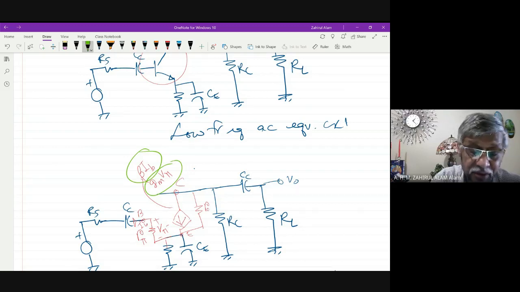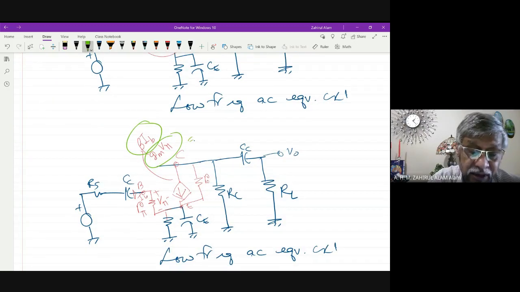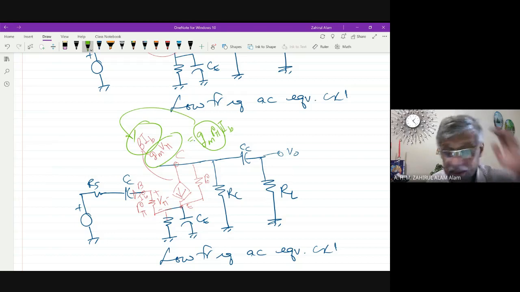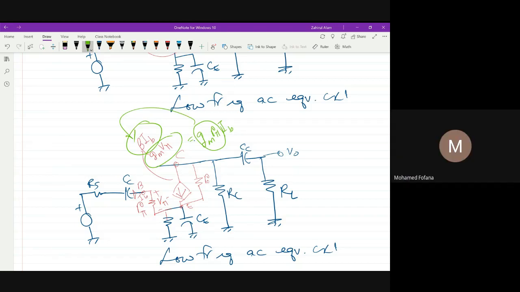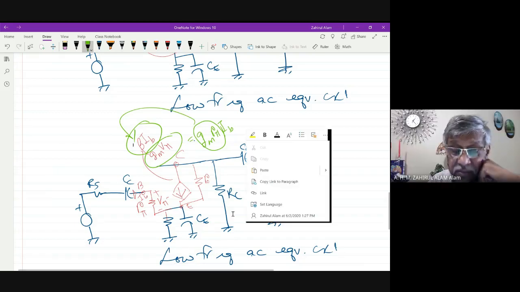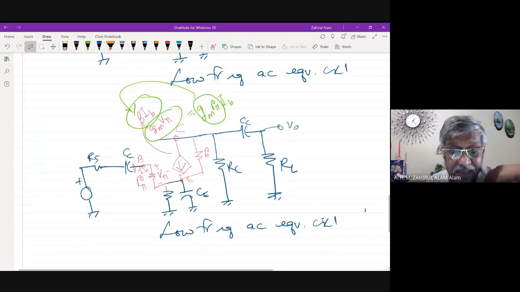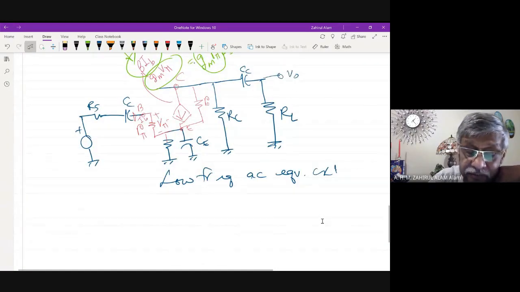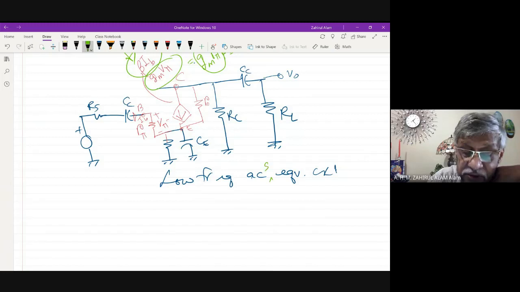Also, as I know, gm V pi is equal to R pi into IB, so this equals beta. So now we have recalled the relation between beta and gm R pi. So now this is the low frequency small signal circuit.